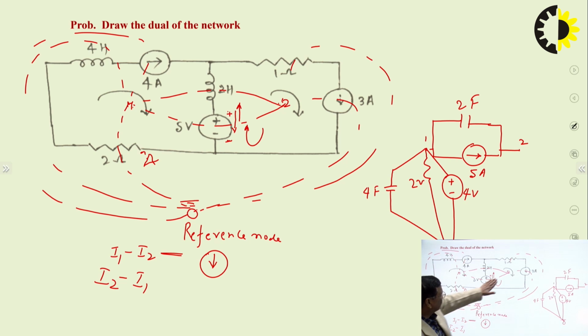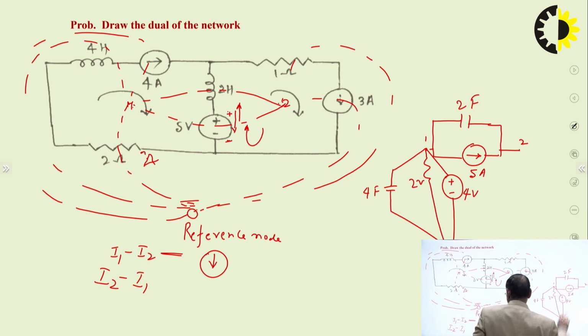So in this case I2 minus I1 is supporting the polarity of this voltage source. In this case the direction of the current source will be towards the node. Which node? The node having the more current, meaning I2. So it will be towards. Okay, clear?